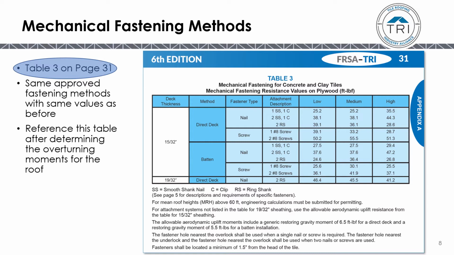It lists the various attachment methods and also the mechanical fastening resistant values in foot-pounds over plywood for the low, medium, and high profile tile. It's actually the aerodynamic uplift moments recorded in testing, and you'll need these values to meet or exceed your design uplift moments, which are found on other tables.